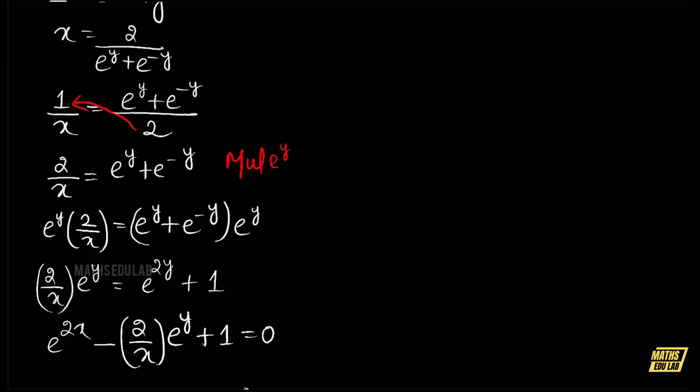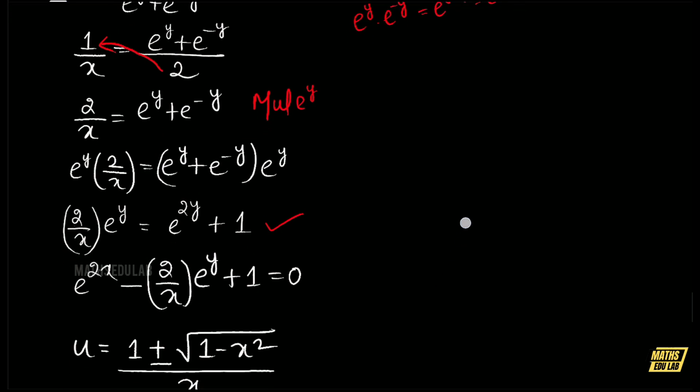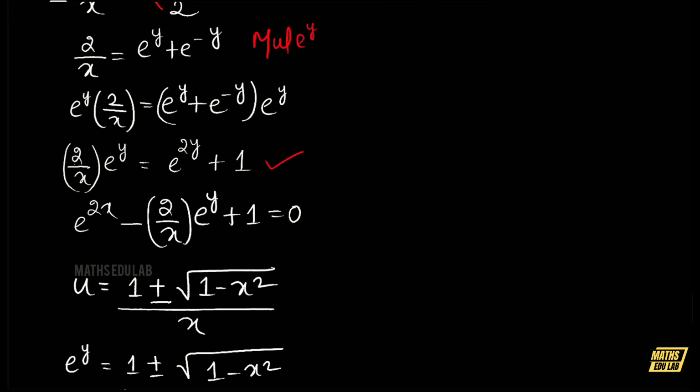In this step, I just multiplied e to the power of y into e to the power of y, which is e to the power of 2y. Similarly, e to the power of y into e to the power of minus y is e to the power of y minus y, which is e to the power of 0, which is 1. So we got this one. Then the next step, we have to write it in the form of an algebraic expression.